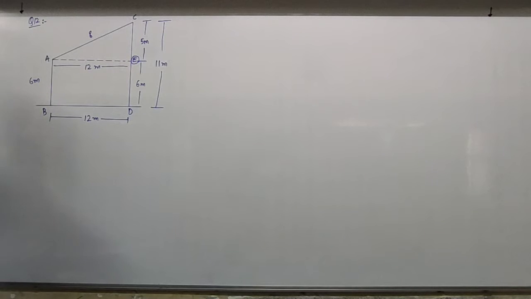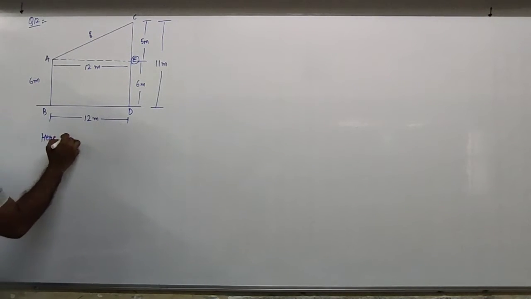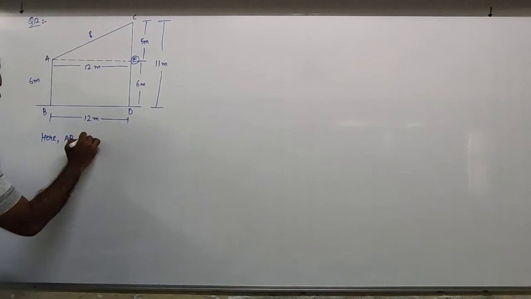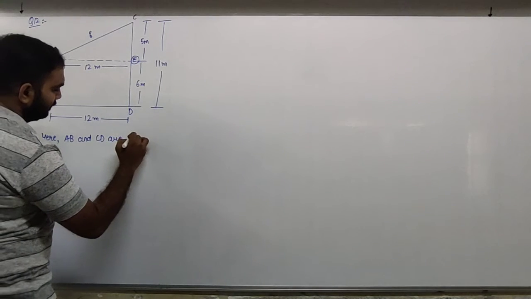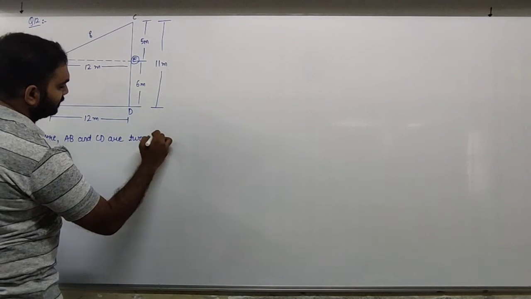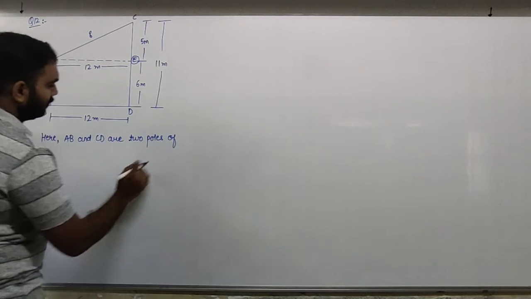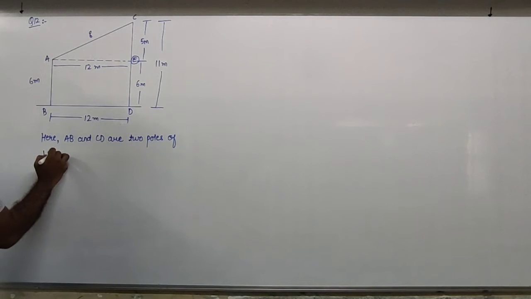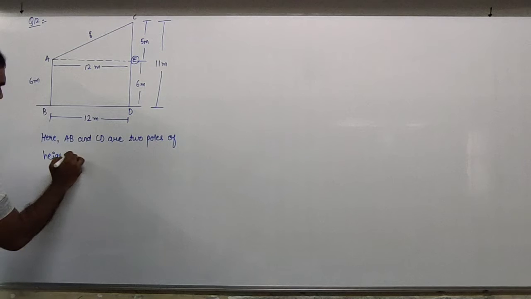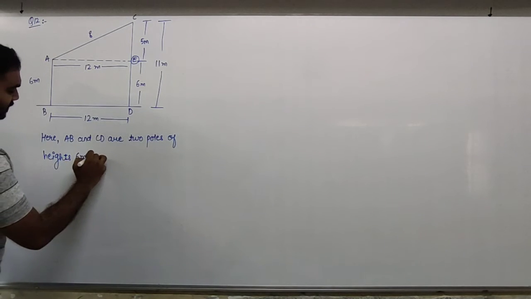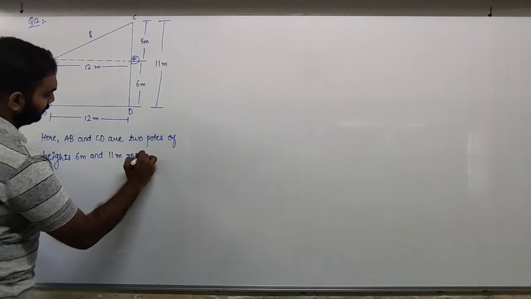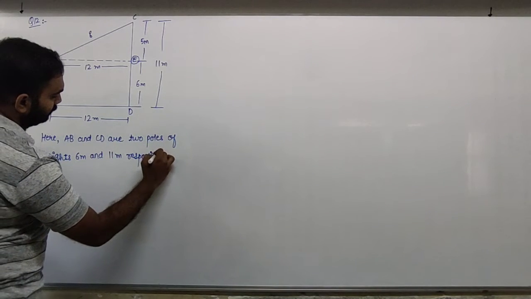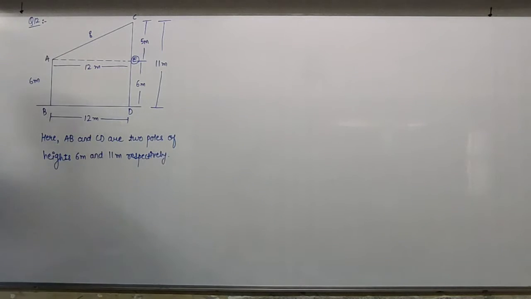This will be point E. So let us write it down here. AB and CD are two poles of heights 6 meter and 11 meter respectively.